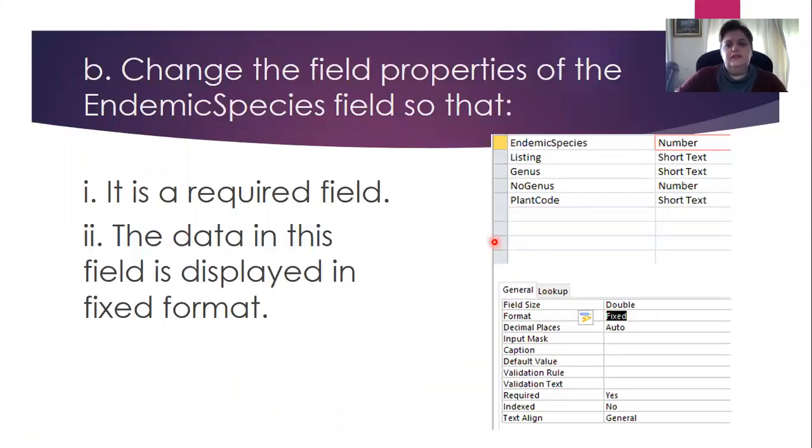The main thing is you just need to know where each field is and what you can change on it. So please make notes as I'm speaking so that the next time you need to change the format, you know exactly where to find it and what options you have there.